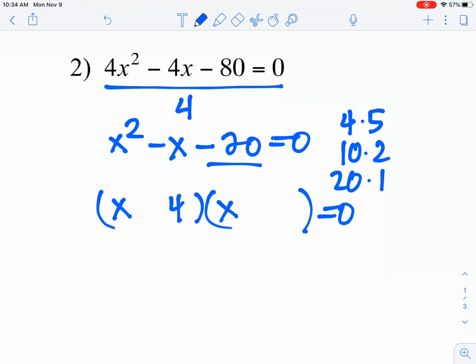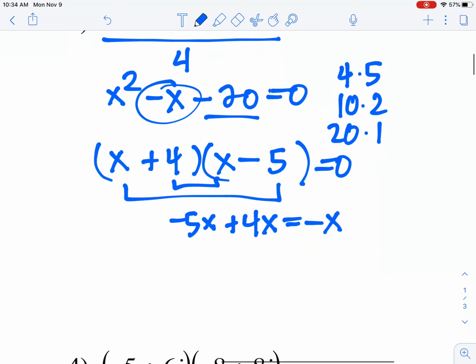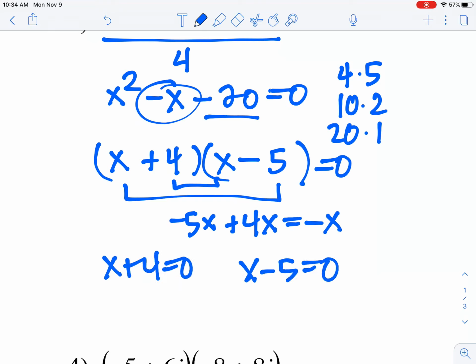So 4 and 5, let's say, we know one has to be positive, one has to be negative. Our outsides give us negative 5x. Our insides give us positive 4x, which is negative x, negative 1, which is what we wanted. Okay? Now we have x plus 4 is 0, x minus 5 is 0. So here we get negative 4 and positive 5.